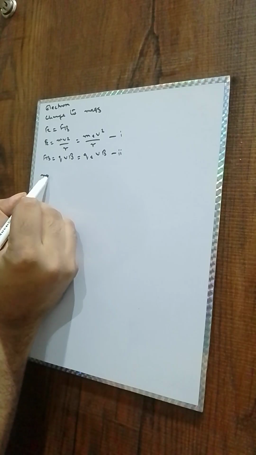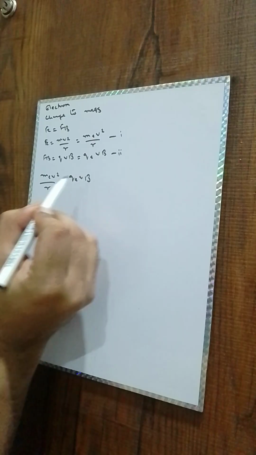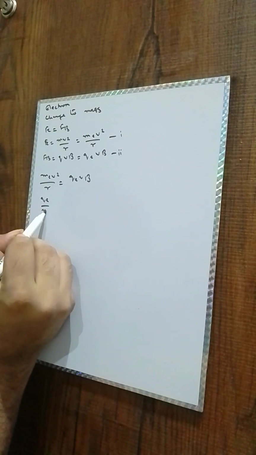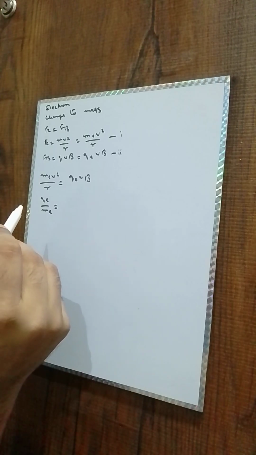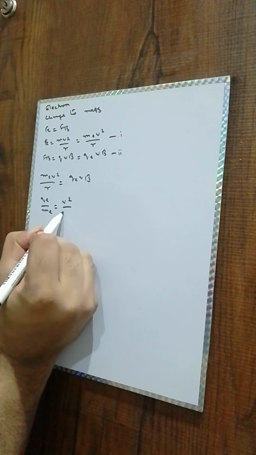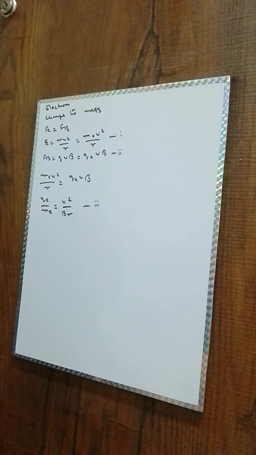So we equate the two. m_e v squared by r is equal to q_e vB. The charge to mass ratio becomes q_e by m_e, equal to v by Br. Okay, so this becomes the third form which we are looking for: velocity by magnetic field multiplied by radius. So that is very much the charge to mass ratio.